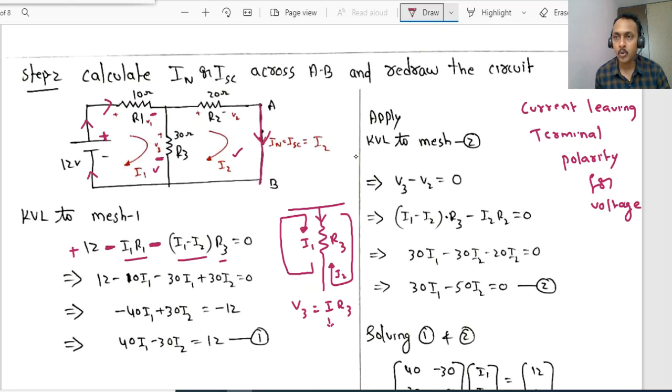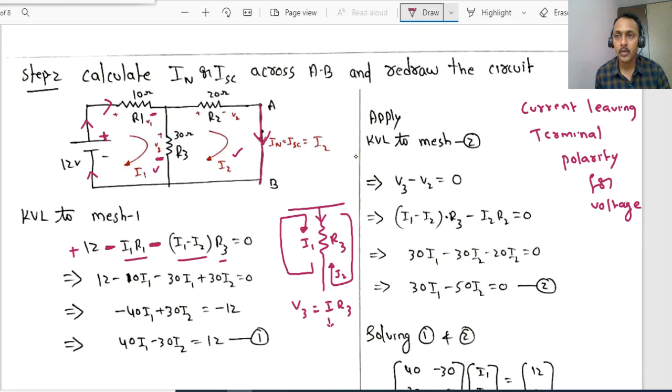But observe, R3 is common to both mesh 1 and mesh 2. In mesh 1, R3 is there, and in mesh 2 also R3 is there. So it is common to both meshes, and in that case the branch current will not be the same as the mesh current.